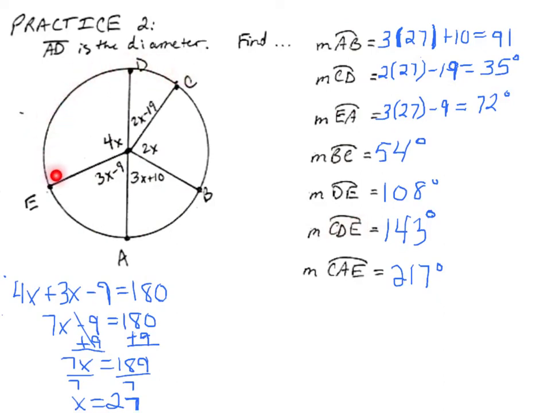Don't assume it's a major arc and try to go backwards somehow. It just doesn't work. And then last but not least, CAE, 217 degrees. Yes, I had to figure out arc CB, arc BA, and arc EA and add them up to get CAE. And that's okay. That's some of the work that we have to do.